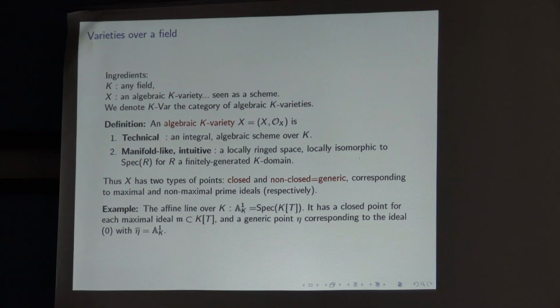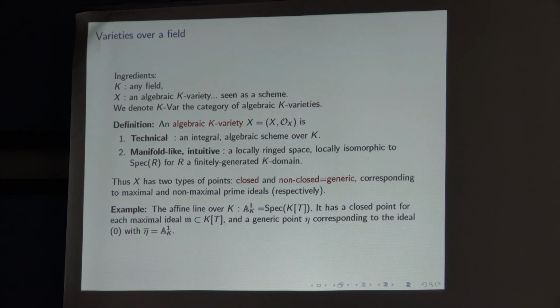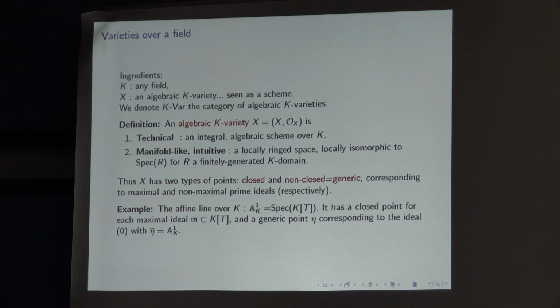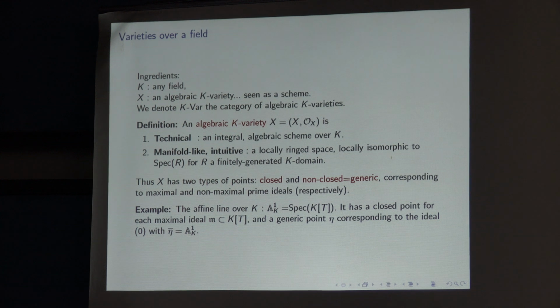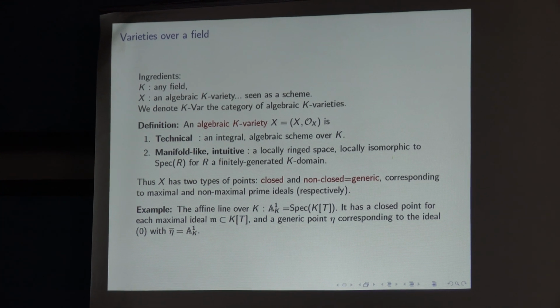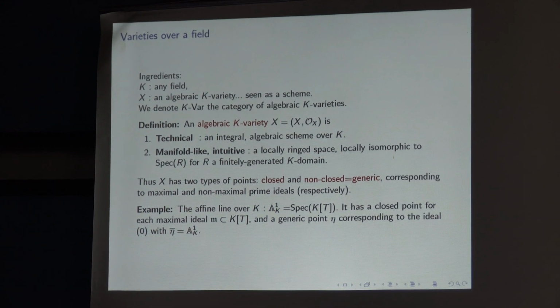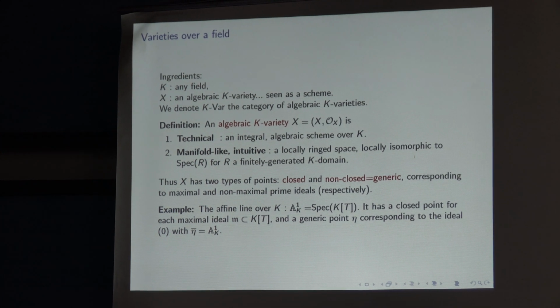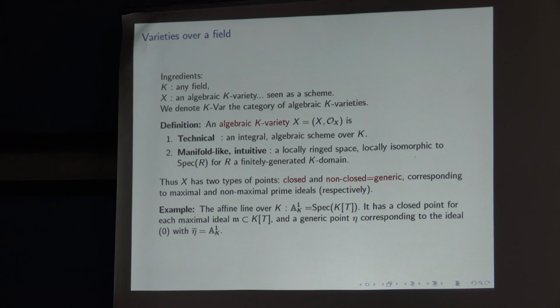If you don't know what a scheme is, you can just think about it as if you are a manifold-like thinker, like a big ringed space, locally isomorphic to some basic object that's called the affine scheme associated to a particular ring, which is a finitely generated K domain without nilpotents and without multiple components. Everything works fine.